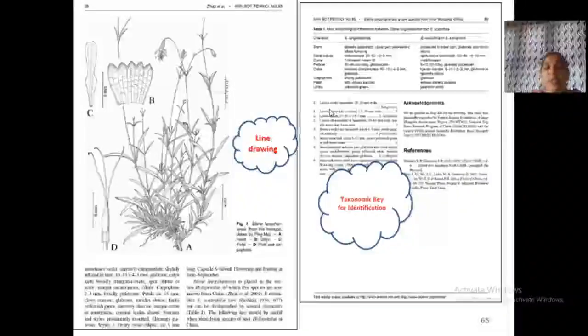Taxonomic key means why it belongs to dicots, why it belongs to the particular class, series, order, family, genus, species, etc. The key for the particular species is the taxonomic key for identification. So this is the description. These are all very essential parts of effective and valid publication. I hope you understood well.